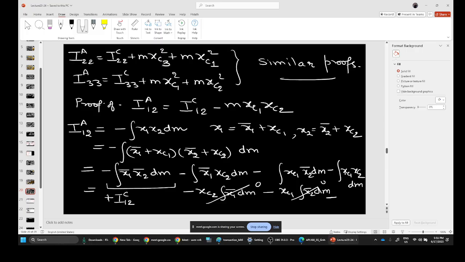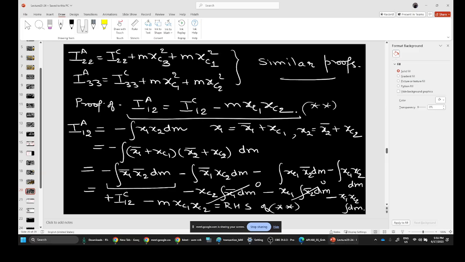And then the last term, both xc1 and xc2 are constant. They will be pulled out of the integration, leaving an integral dm, which can be replaced by m times xc1 xc2, which is equal to the RHS of this relation. We have proved this also. Similarly, you can prove the other two relationships for the product of inertia.